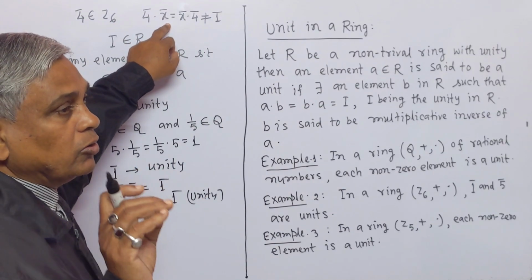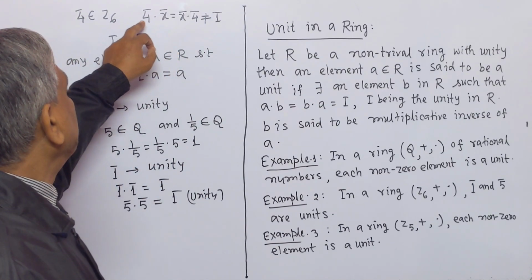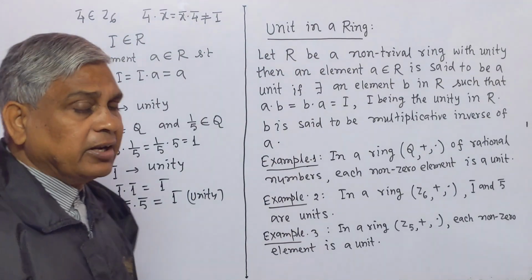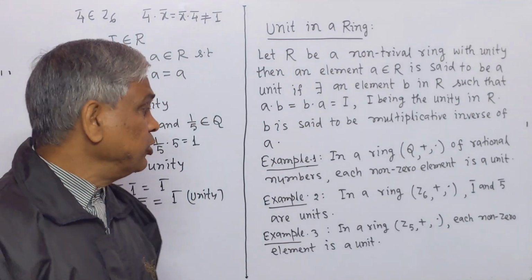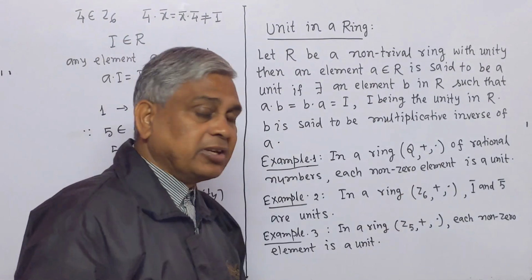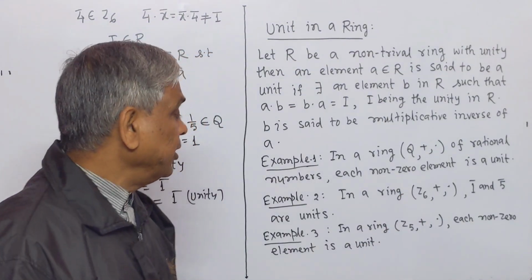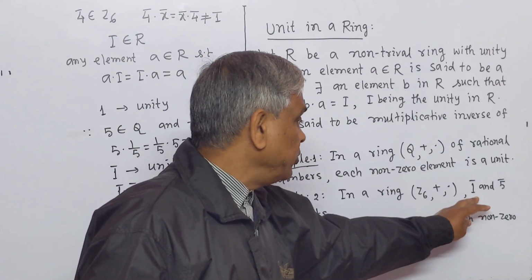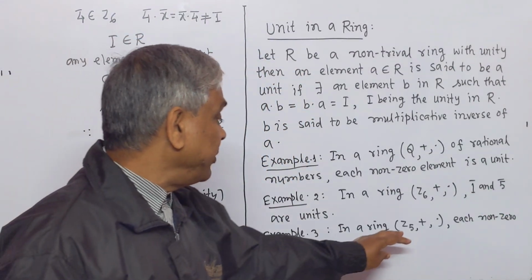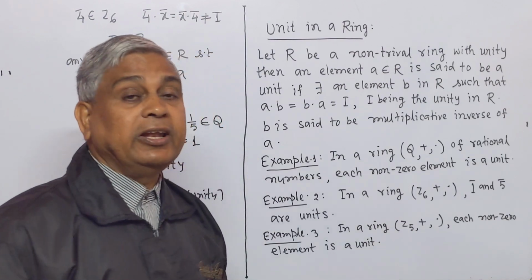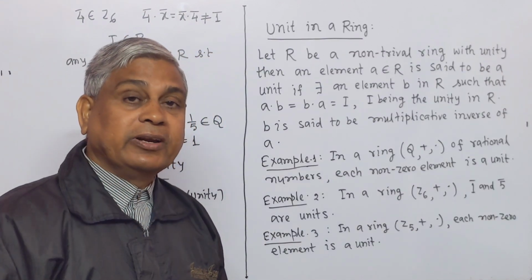Remainder 0. So we may not get multiplicative inverse of non-zero elements of Z6. So only two members 1 bar and 5 bar are units in Z6. But in Z5 each non-zero element is a unit.